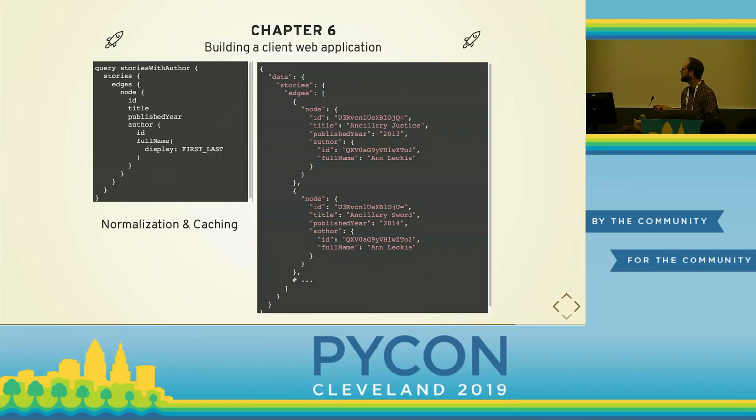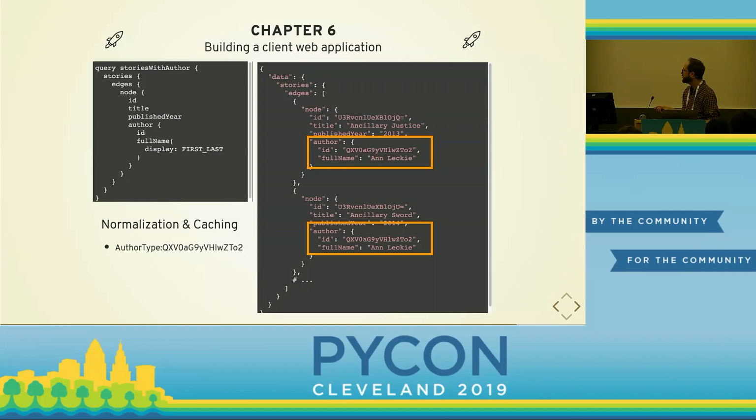When data comes back, it's going to handle the response normalization. So if we have this list of stories coming back and an author for each of the stories, we get back something that looks like this, where there are two stories and an author that's shared between them.